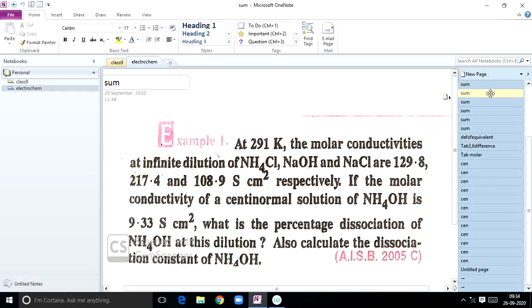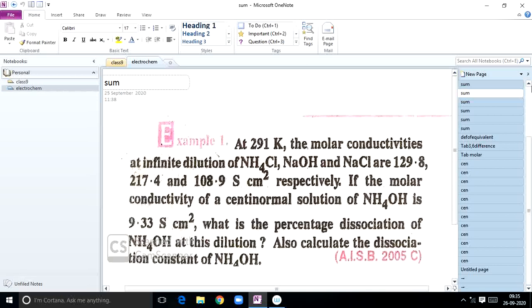If the molar conductivity at centinormal solution of ammonium hydroxide is given, what is the percentage dissociation of ammonium hydroxide at this dilution? Also calculate the dissociation constant of ammonium hydroxide.